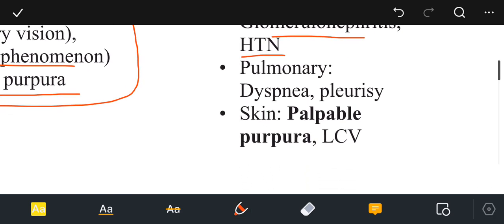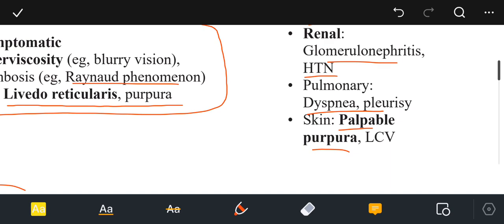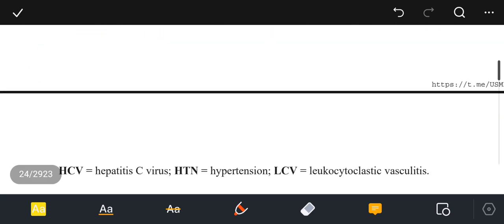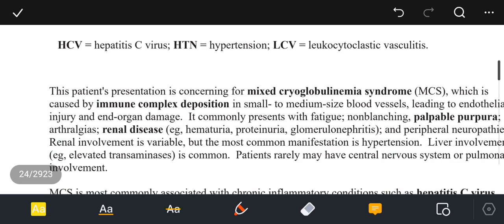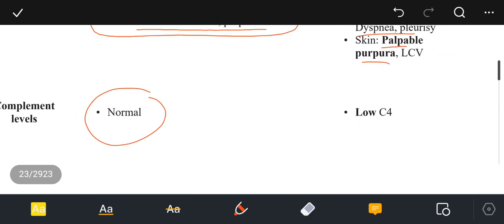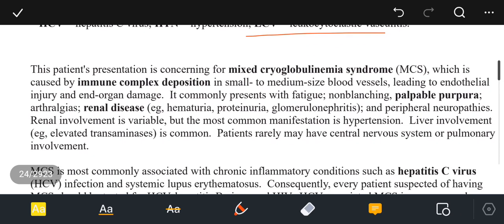Pulmonary symptoms include dyspnea and pleurisy, and skin findings include palpable purpura. I'm sorry, it was not livedo reticularis that we are seeing. I guess it is palpable purpura, which we can see in this patient. What is LCV? LCV means leukocytoclastic vasculitis. And then complement levels will be low, especially C4. So it is basically type 2 or type 3 cryoglobulinemia that we are seeing in this patient.